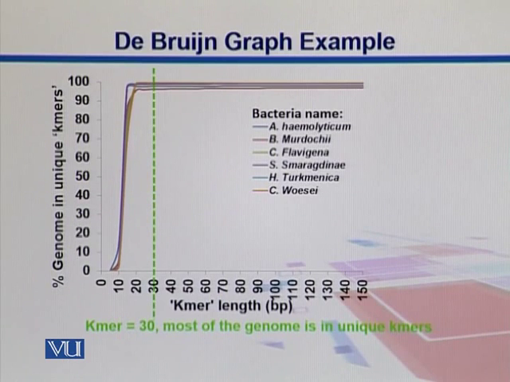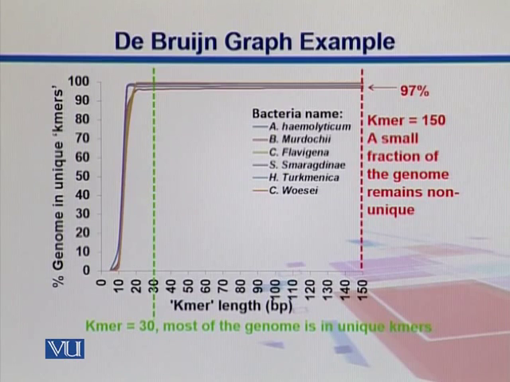Up to K30, most of the genome is in unique Kmers. And if we increase up to Kmer size of around 150, still you cannot capture the whole genome. Still there is some genome that remains non-unique. So increasing Kmers might not be the most optimal solution. It can be approximate, but generally you can use K values around 30.